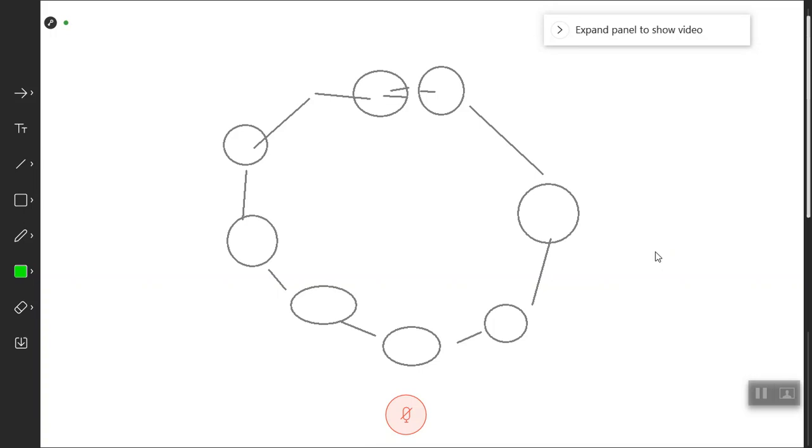For example, if data travels from A to C, it would travel like this. And if it has to travel from A to D, it will travel like this.